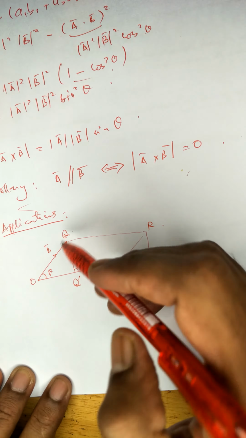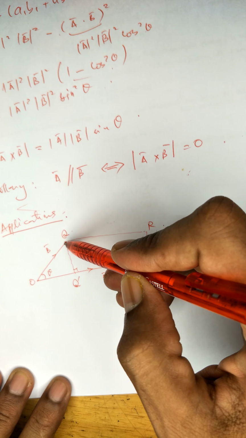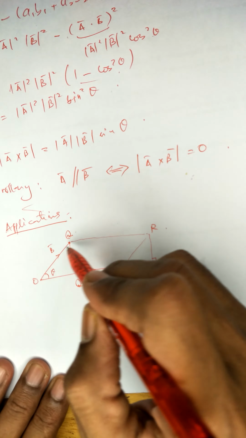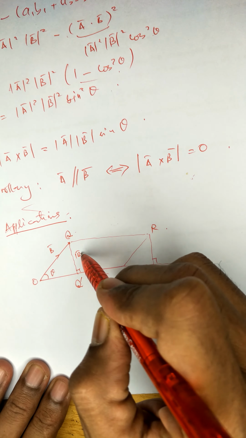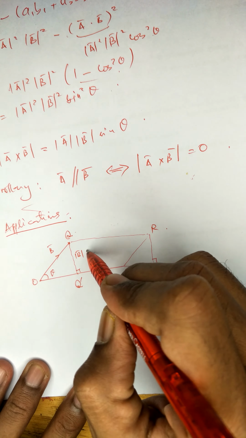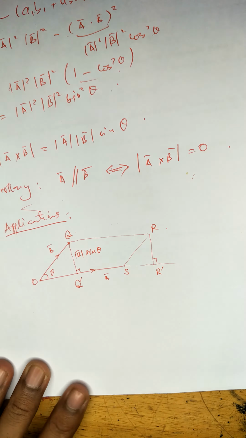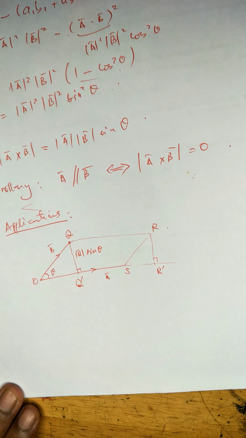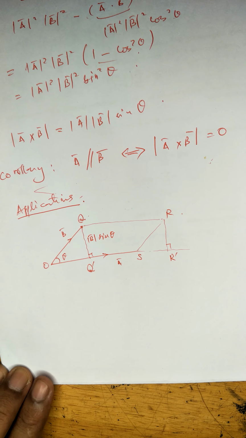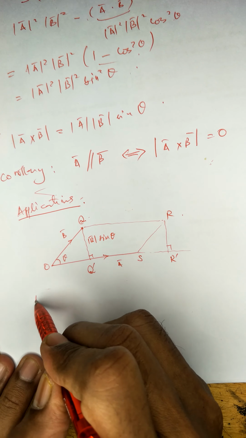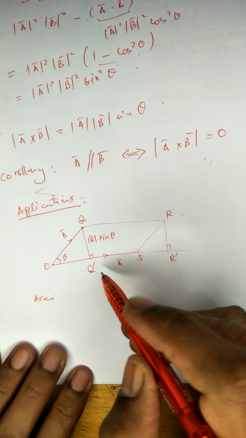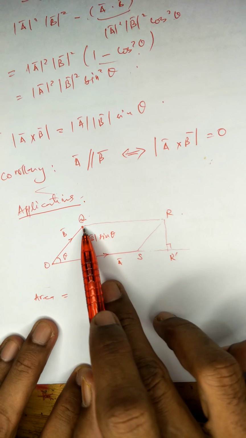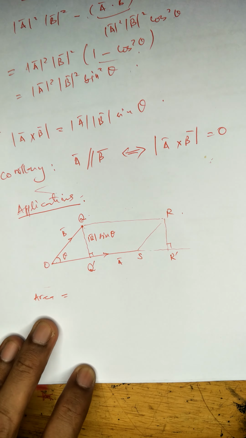Before that, from here we can find the height. Just use vector B: the magnitude of B, sine theta. Then we can find the area, which here means the area of this parallelogram.